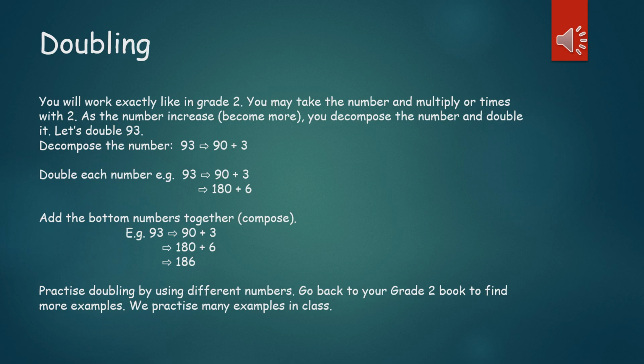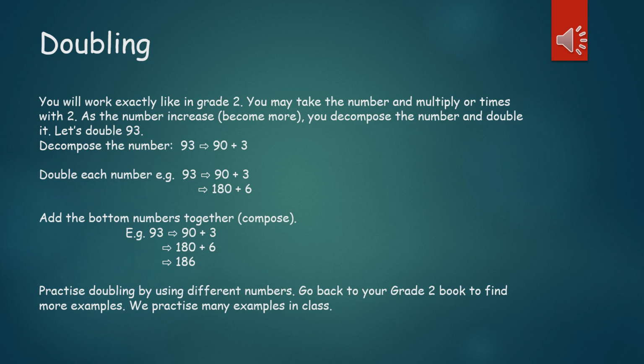Then you double each number. For example, 93 is 90 plus 3. Double 3 is 6. Double 90: double 9 is 18, and add a 0, so double 90 makes 180.